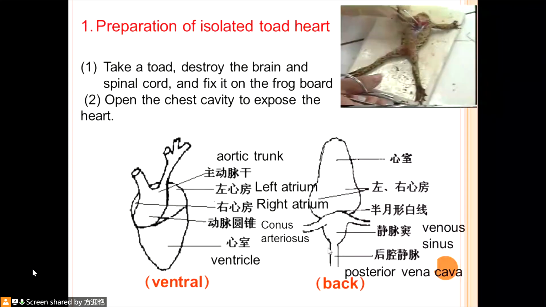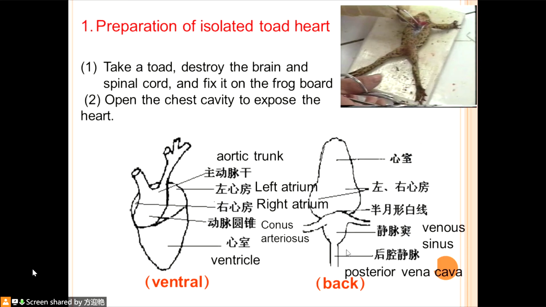So before the cut we should take another thread and tie here tightly, so the blood cannot flow here and there.